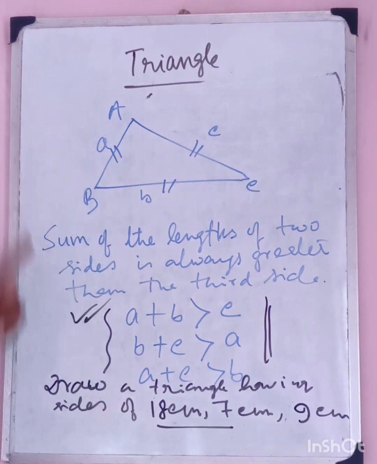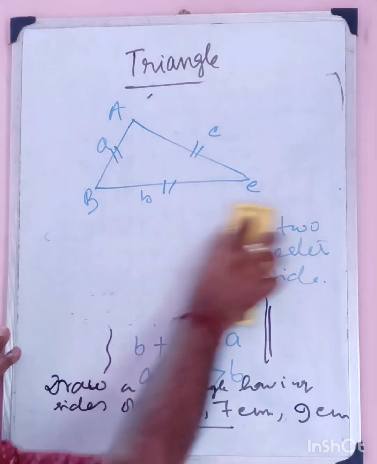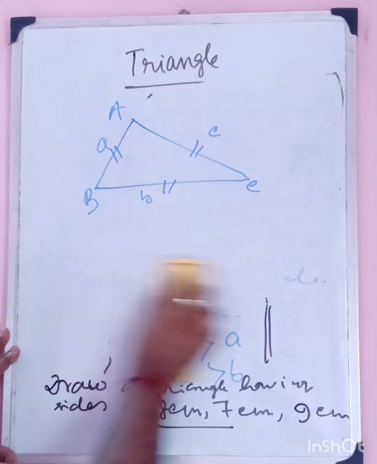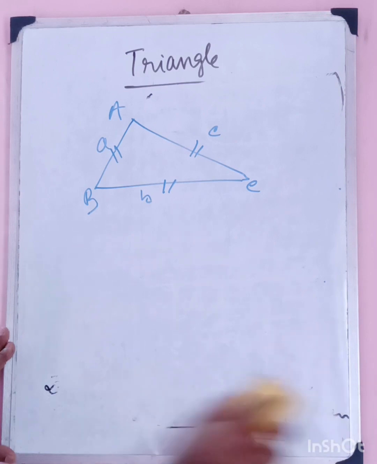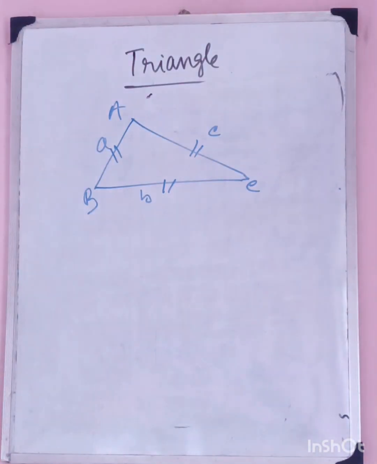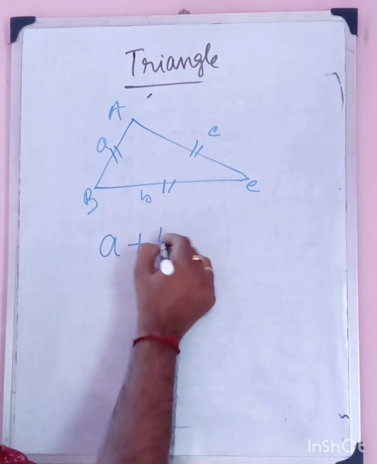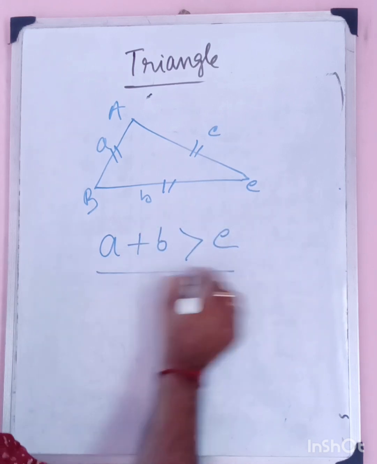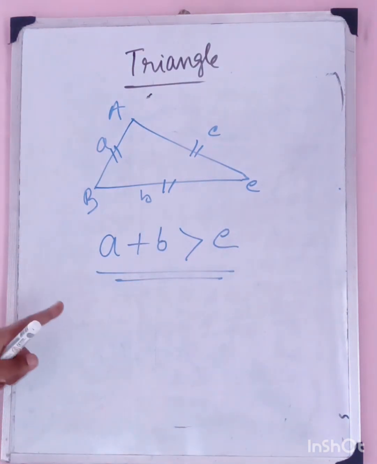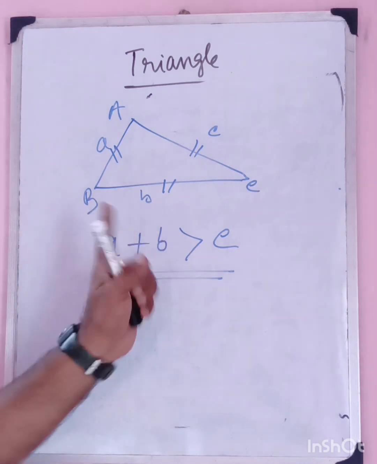And from this property also we can conclude another property which is not written in many of the books. That is, the difference of the two sides is always less than the third side. What we learned from the previous property is a plus b greater than c.